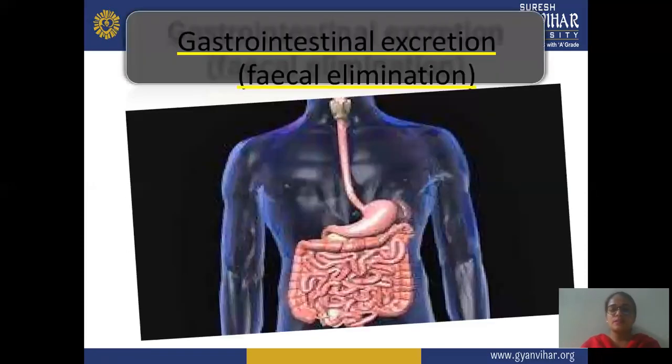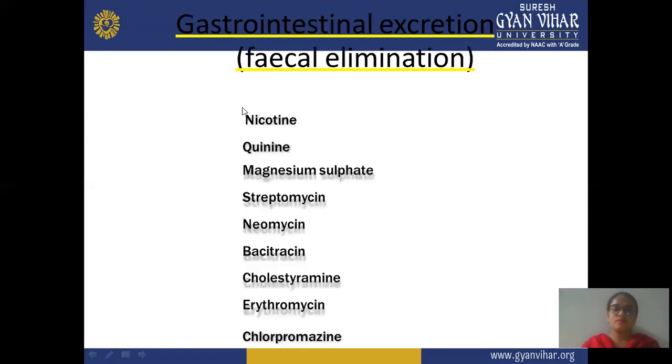And the next is the diagram of gastrointestinal excretion or fecal elimination. This is a diagram where the small intestine, large intestine, and stomach are responsible, and the drug is eliminated by the fecal route. This is an example of GIT excretion or fecal elimination.